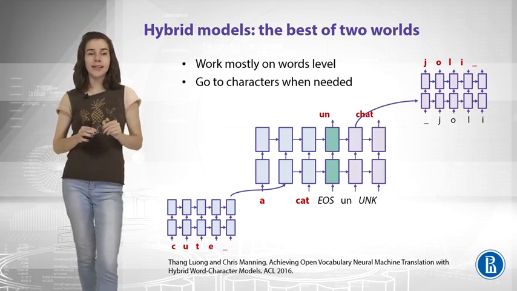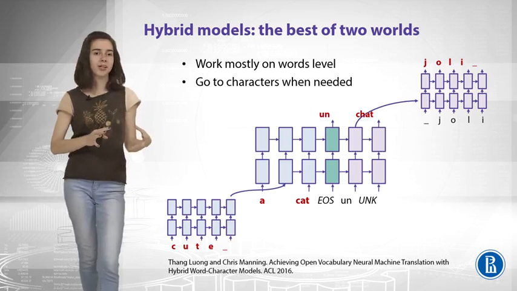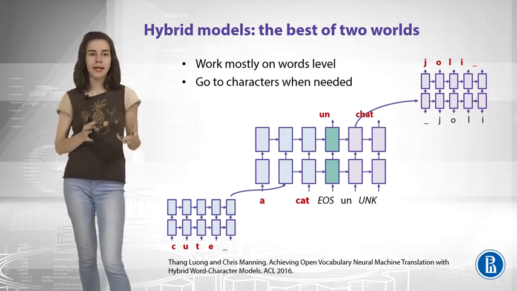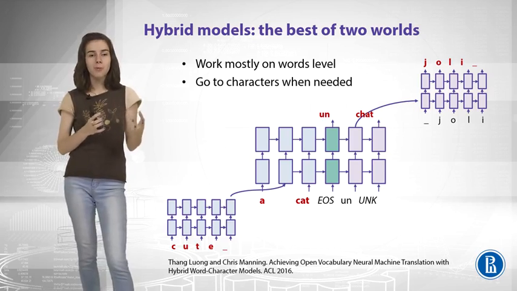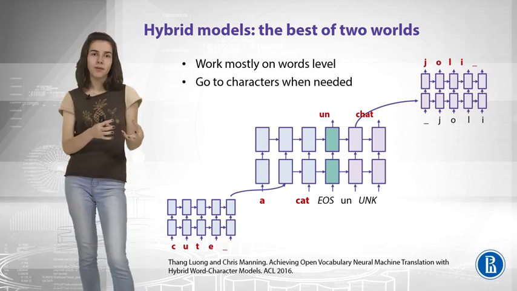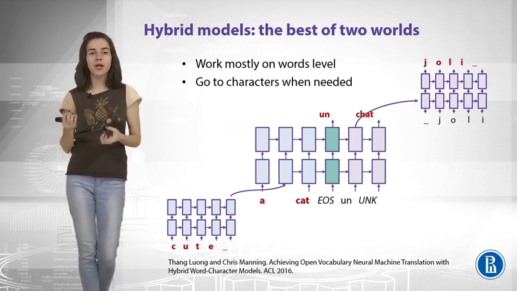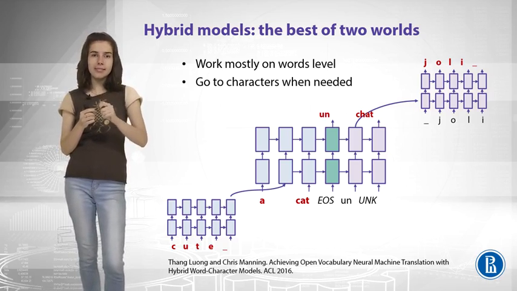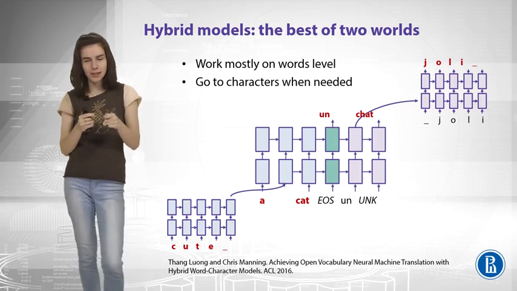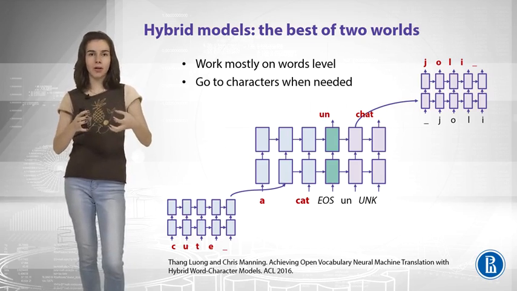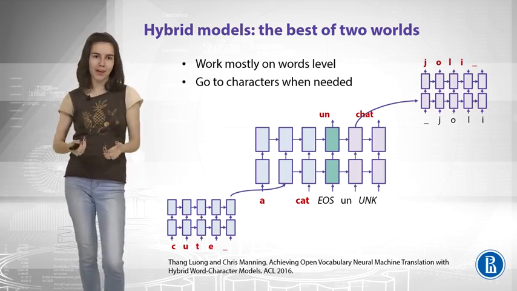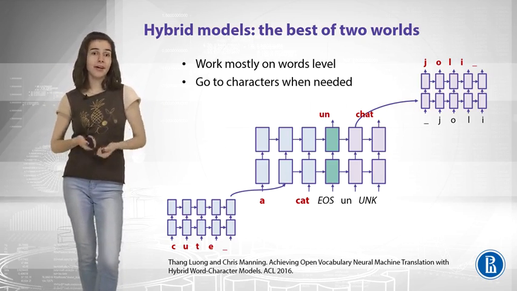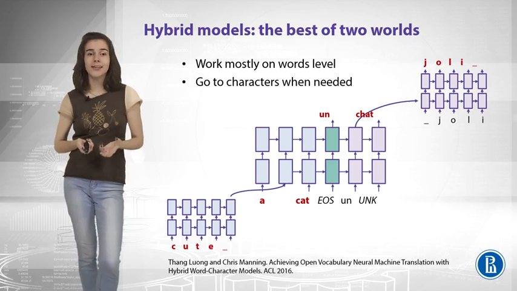In this case, let us have some separate units, some separate architecture, maybe even completely different, that will model these probabilities for this word on character level. And the same for the decoder. So first, we will try to decode the sequence on word level, and then at some moment, the decoder will say, okay, this is some UNK token, please do something about it. And then the character-level model will switch on and do something about it. So this is a very nice and obvious idea, and it is used a lot.